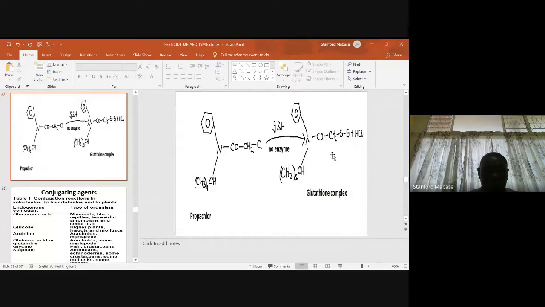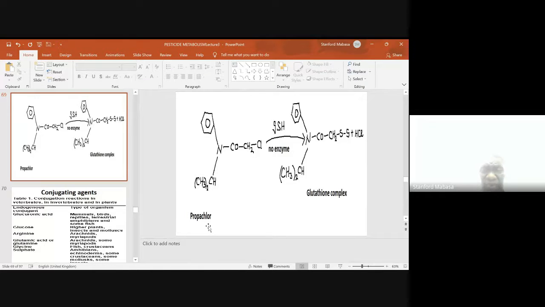We also have propachlor. I think this is a herbicide which can also combine with the glutathione.